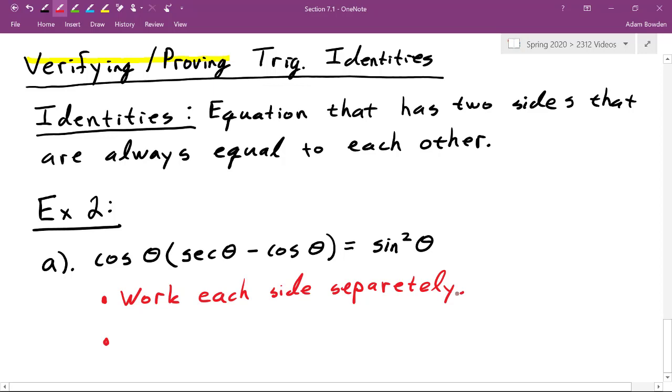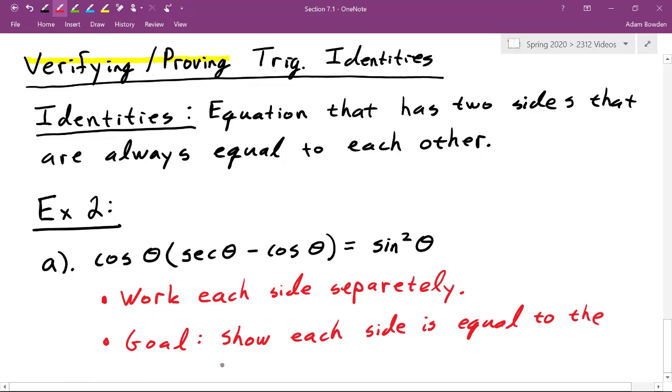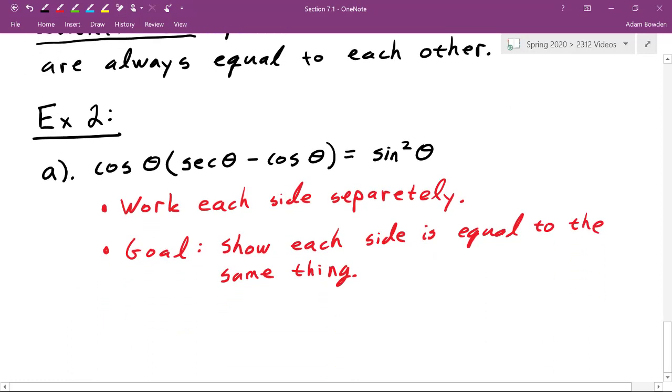The goal of doing this is to show each side is equal to the same thing, much like we had noticed in the simplifying examples when they came out to be the same thing.